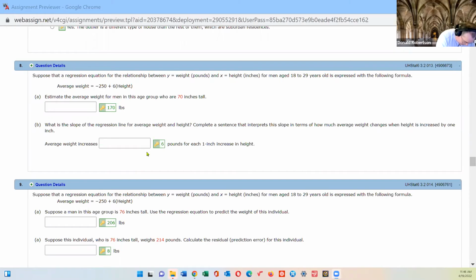The formula is: the predicted average weight is negative 250 plus 6 times the height. Wow. And what are they measuring here? Oh, these are men 18 to 29.